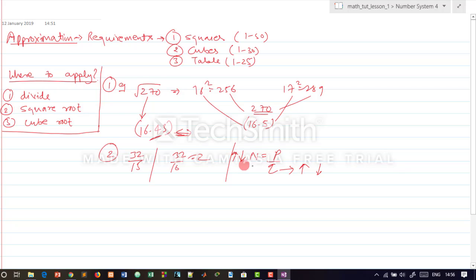So n and q are inversely proportional. Here q is 16, and we have decreased q, so the number 2 will increase. Since 15 into 2 is 30, and 32 is near 30, the answer would be approximately 2.1 without division.